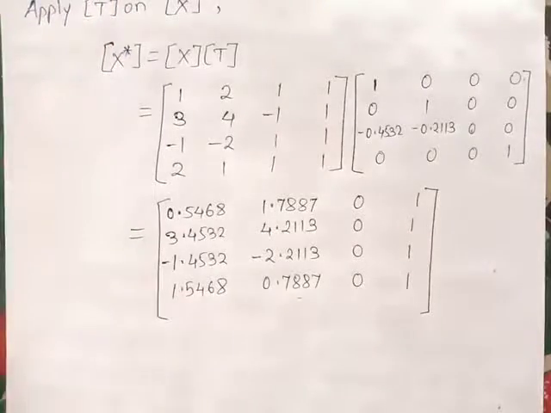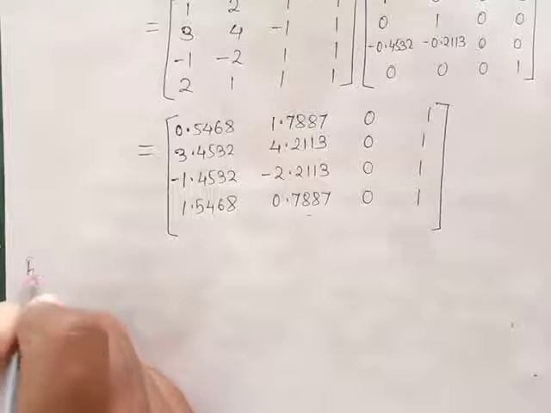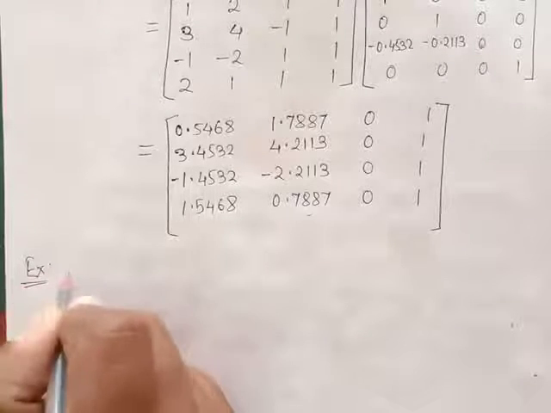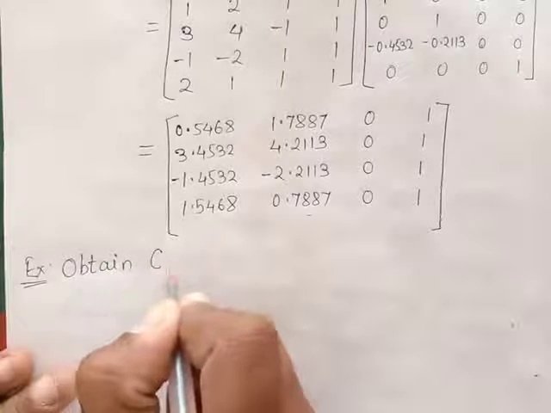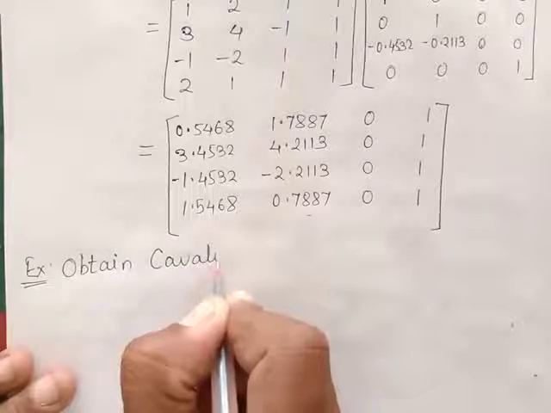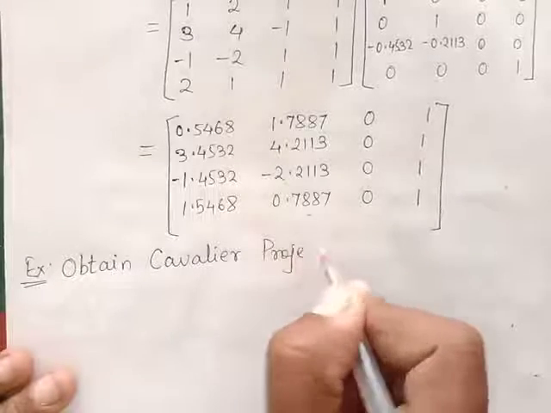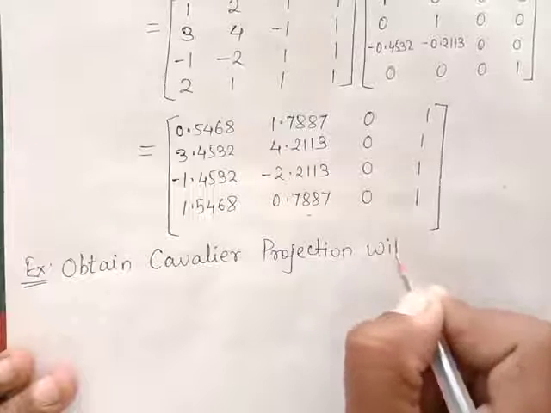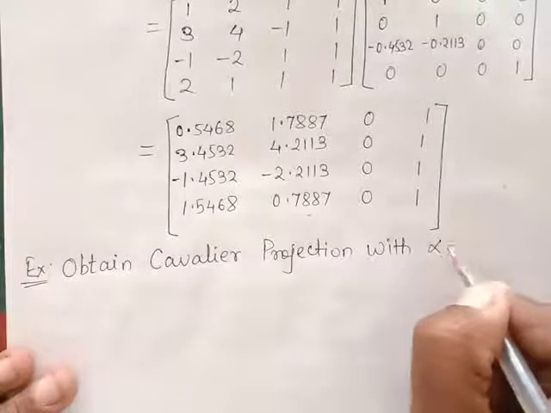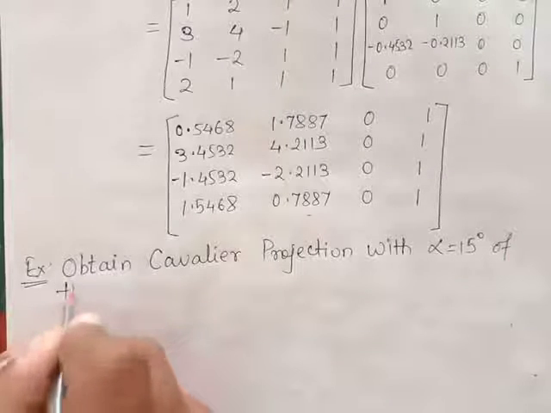Now next example. Obtain the cavalier projection with alpha equal to 15 degrees of the object.